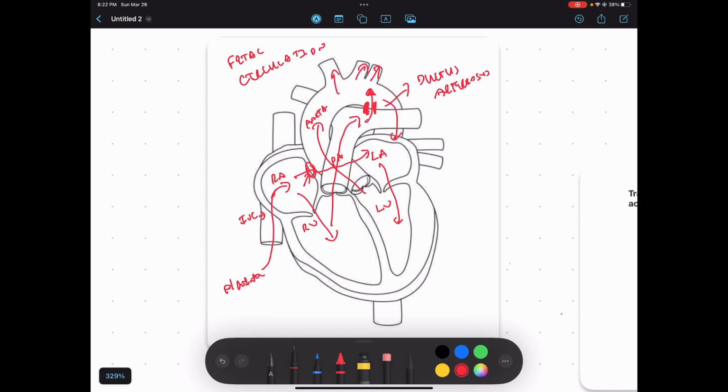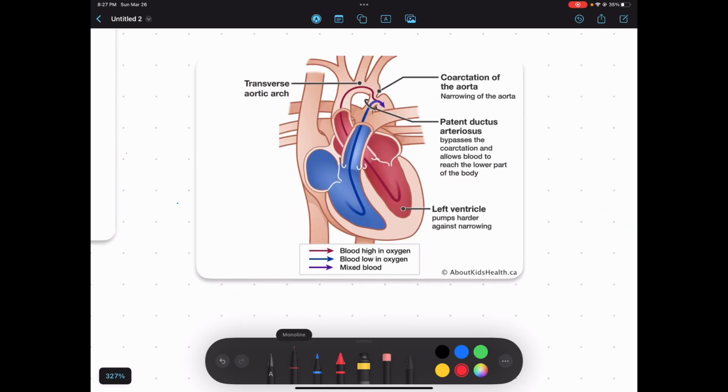So this is just an important concept to understand when we talk about why we want to sometimes keep the ductus arteriosus open. So this is coarctation of the aorta.